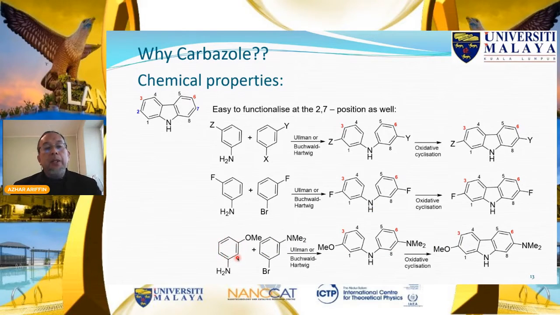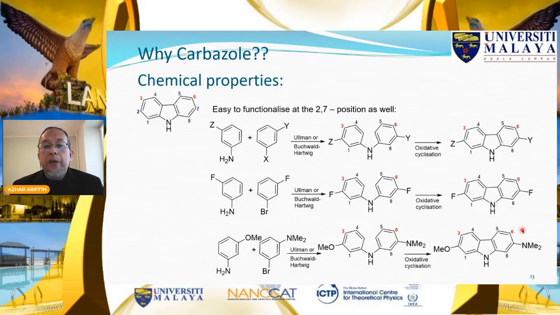For example, if you use meta-methoxyaniline and react it with meta-bromo-N,N-dimethylaniline, it will first form this bisphenylamine. Then again you do oxidative cyclization with a catalytic amount of palladium acetate, and you will get the 2,7-disubstituted carbazole. Why do we want to put all these substituents here?